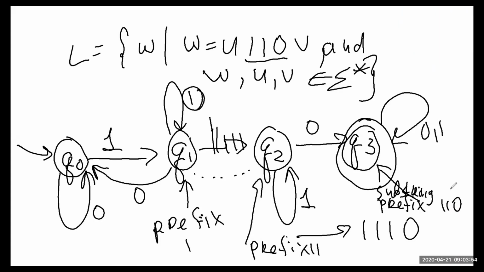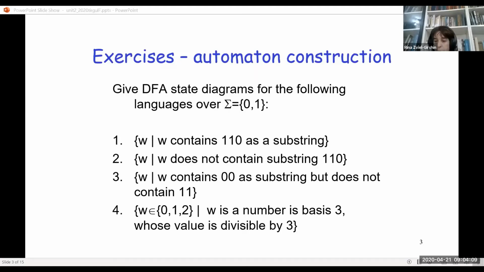Okay, thank you. Okay, the next question, wait, I will stop sharing screen here and I will start sharing once again the questions. So we are moving to question number 2. Actually, it's the same question as number 1, but now I'm looking at the complement of the previous language.